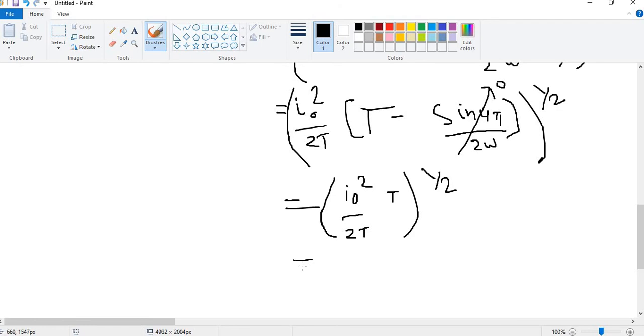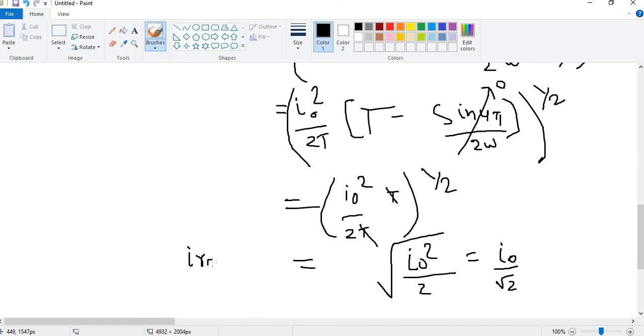Now we are going to cancel 1t with 1t, and then we are left with I naught square by 2, and we have power 1 by 2, so we are going to take the square root. So it will become I naught, and root 2 under. So we have proved IRMS is equal to I naught by root 2.